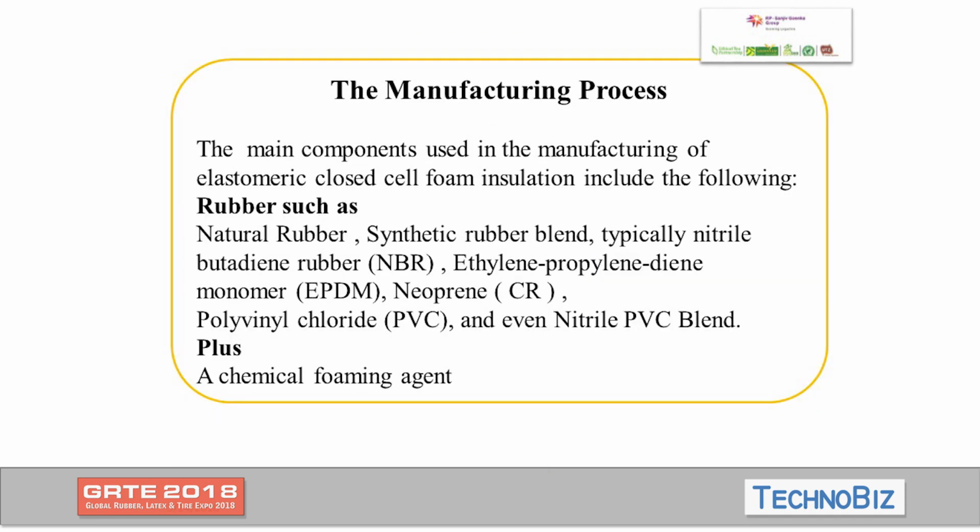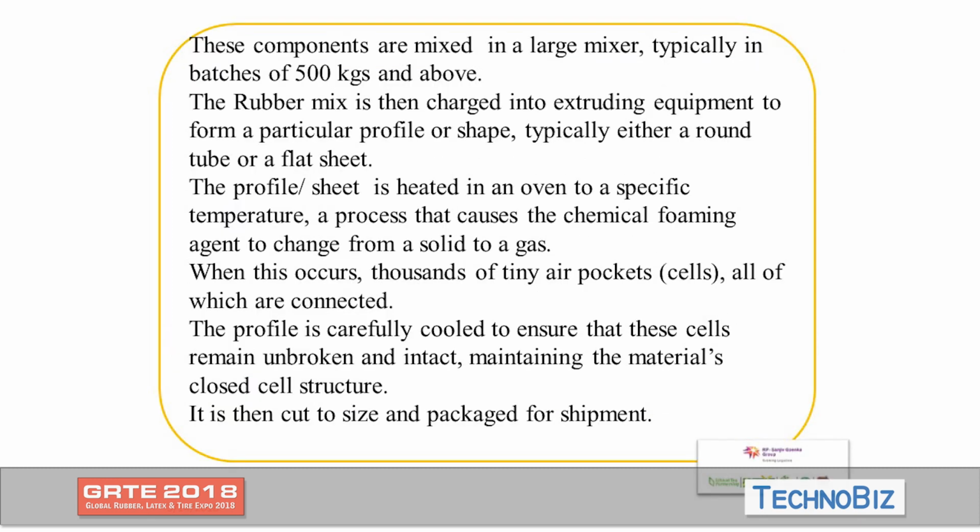The manufacturing process is very simple. These are the polymers or rubbers which are used, and there is a chemical foaming agent. They are mixed, and the batch could be of 500 kg or above. Once the mixture is made, the profile or shape it is extruded into is exposed to heat.